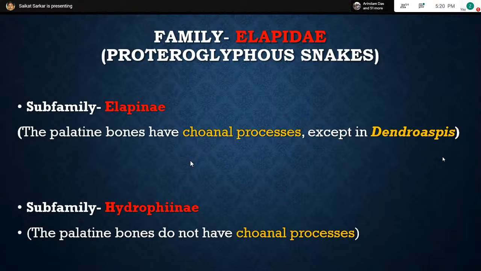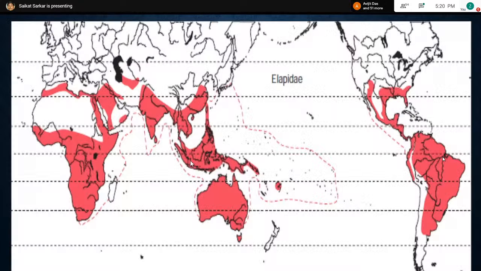Elapidae, family Elapinae and Hydrophiinae, I already discussed. This is the distribution of elapids, again almost global distribution, you may say. These are the areas of hydrophiins, and these are the areas of elapids.